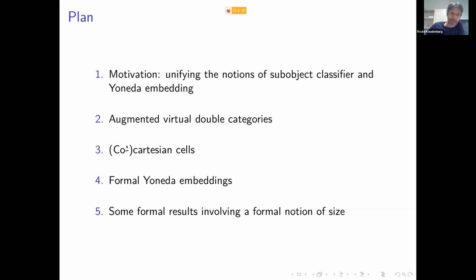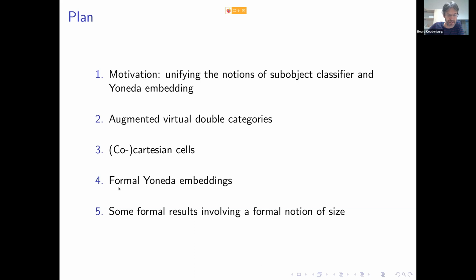Then in those augmented virtual double categories, we'll look briefly at Cartesian cells and co-Cartesian cells. Cartesian cells define restrictions of horizontal morphisms. Co-Cartesian cells define composites of horizontal morphisms. We'll use the Cartesian cells to then define formal Yoneda embeddings.